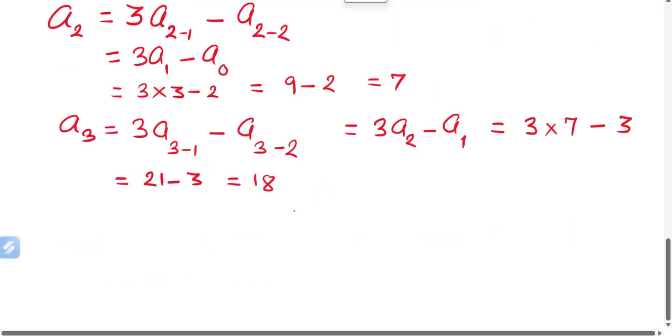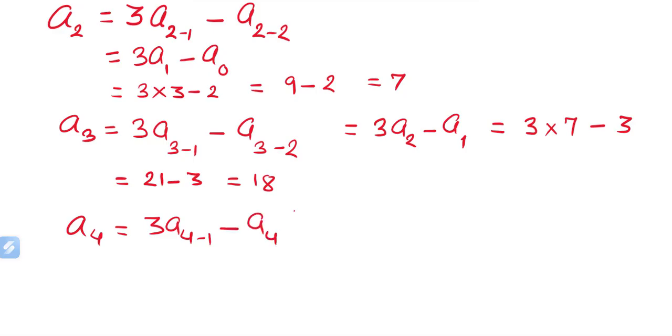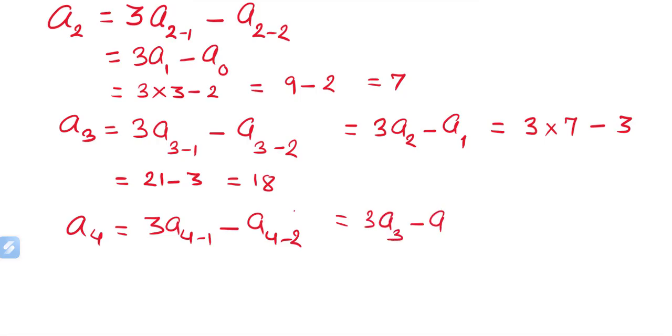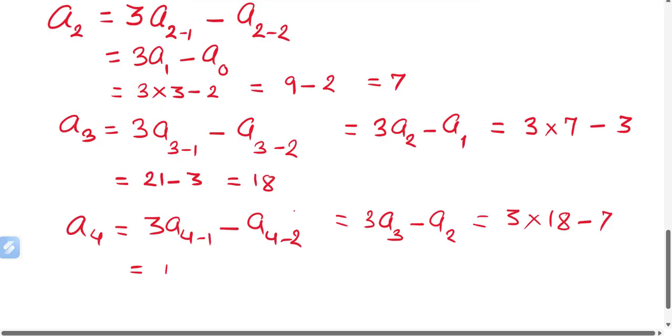Same for a4, which is now 3 a 4 minus 1 minus a 4 minus 2. That is 3 a3 minus a2. Now we have the value of a3, which is 18, and a2 is 7. That simply means it is 54 minus 7, which is now 47.